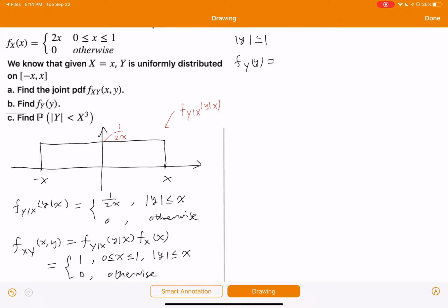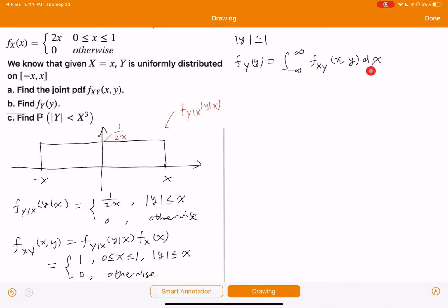This is equal to the integral from negative infinity to positive infinity of f of x,y dx. This is a general formula to calculate the marginal density given the joint density. So basically, given the joint density of x and y, if we want to calculate the marginal density of y, we just need to integrate out the x here, right?